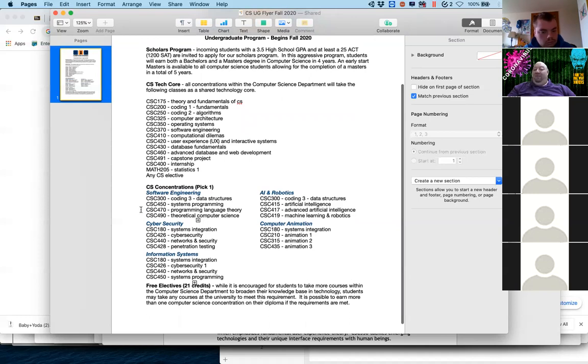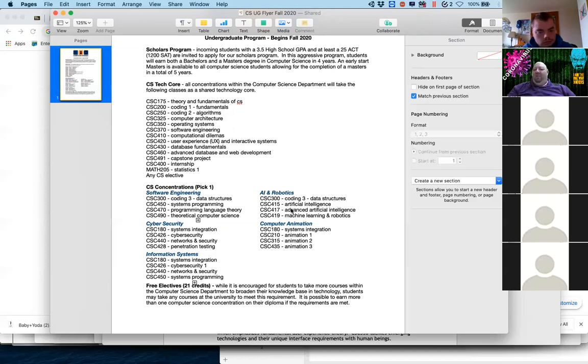Whether 450 and 470 were officially required for you or not, they were going to be classes you were going to have to take anyway because we were starving you out of other electives. So if you're currently traditional computer science, you're effectively a software engineering concentration person.